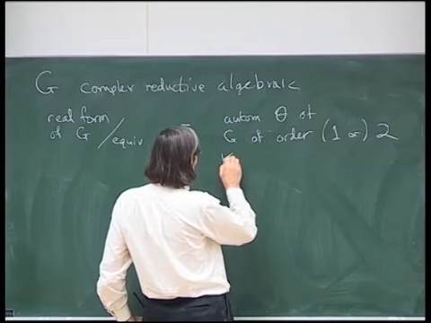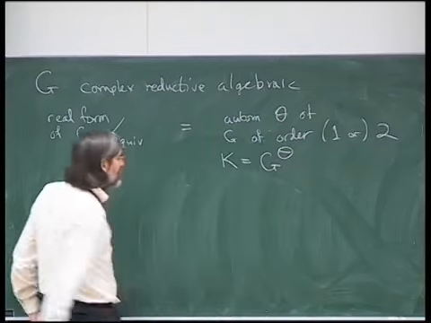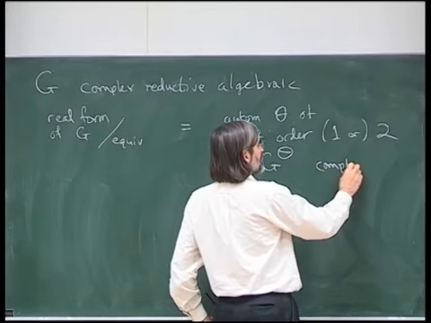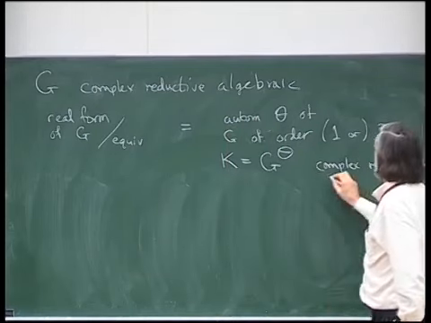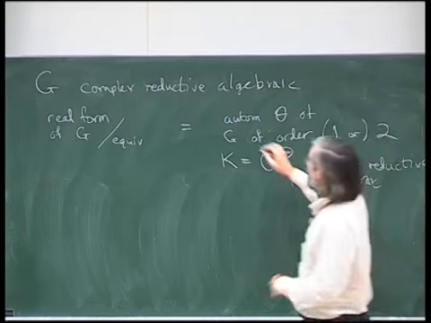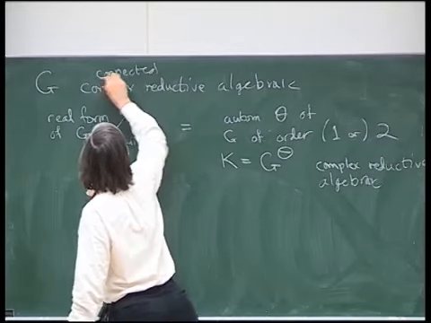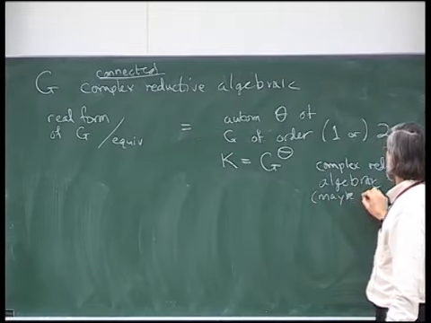I'm now going to write K for the fixed points of theta, which is another complex reductive algebraic group. This one I want to be connected. This one is maybe not connected.